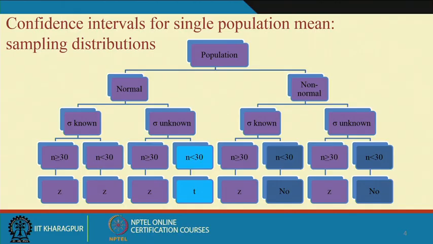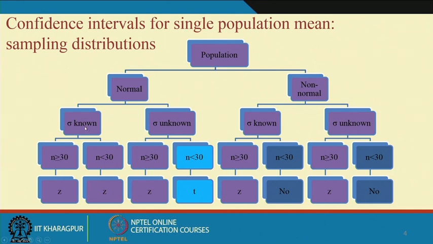Okay. Now, another important concept in estimation is whether the population is normal or non-normal. If the population is normal and we are talking about confidence interval for single population mean, then there may be two situations, sigma known and sigma unknown, and that is true for non-normal populations also.